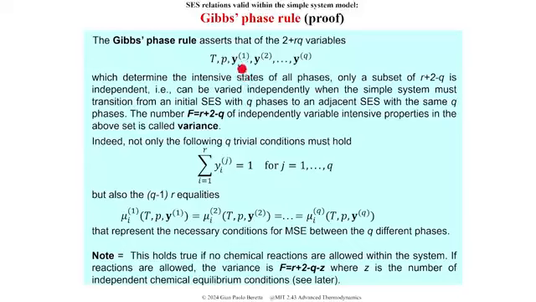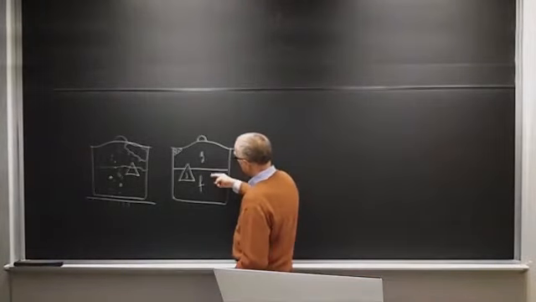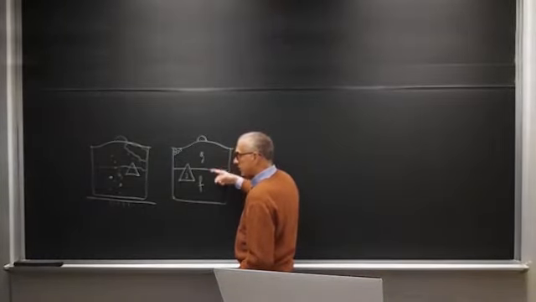Plus, we also have the fact that the chemical potentials must be equal. So I need to have equality of chemical potential between the phases for each of the constituents that can be exchanged.